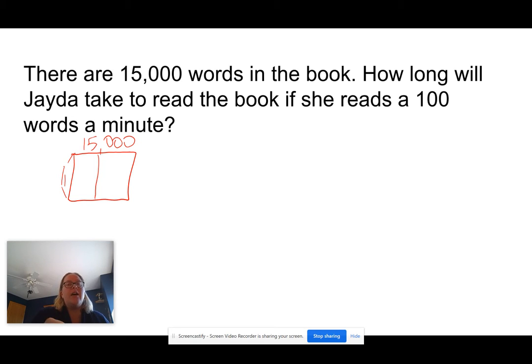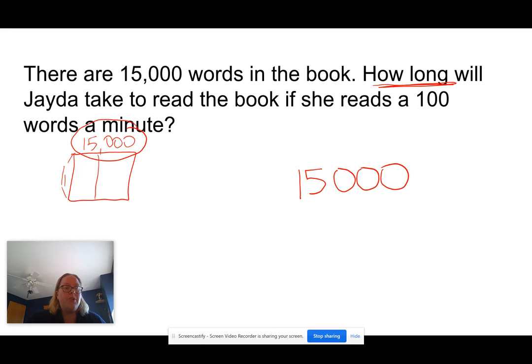I want to find out how many minutes it's going to take. That means I can take my total amount, 15,000, and I can take how long it takes per minute. What operation do I need to do? You're right. I need to divide by 100.